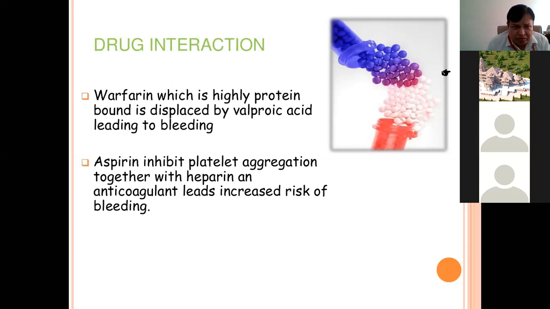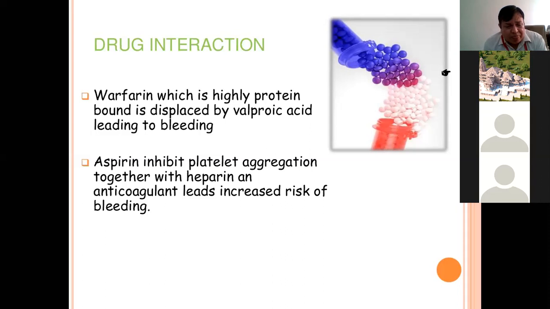because the warfarin didn't bind with protein, and continuous it gives its effect, and it causes the bleeding, because warfarin is an anticoagulant drug. Similarly, aspirin inhibit platelet aggregation together with heparin, an anticoagulant, leads increase the risk of bleeding.